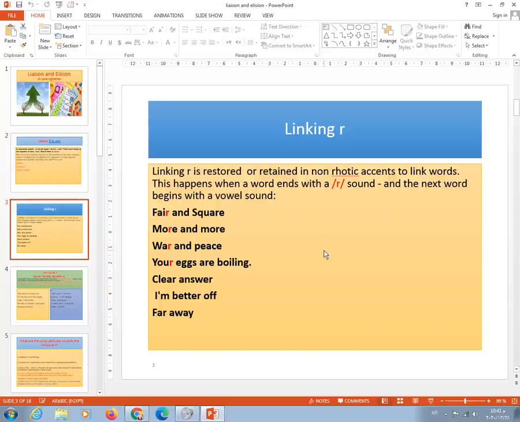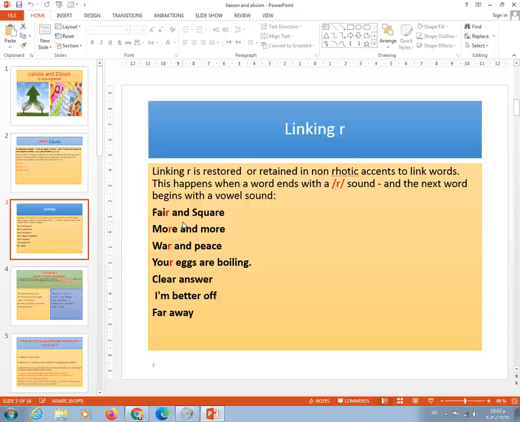Let's have some examples. Fair and square. If we look at how British speakers, especially in RP, the southern standard accent, pronounce this, R is dropped, but here, because R is followed by a vowel, it is retained and kept, and people pronounce it.